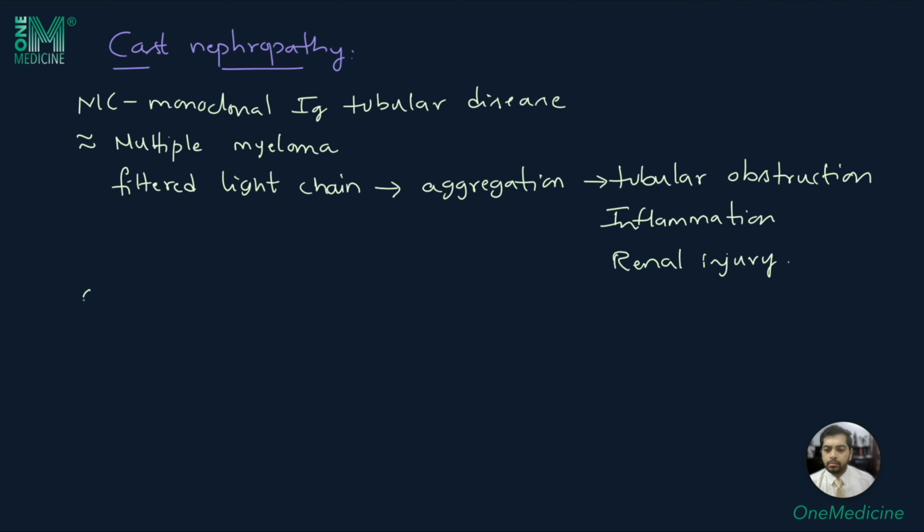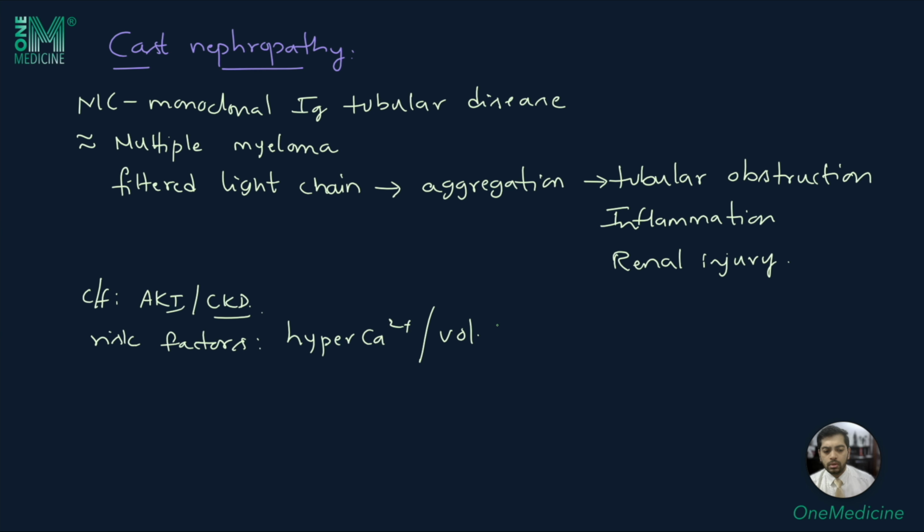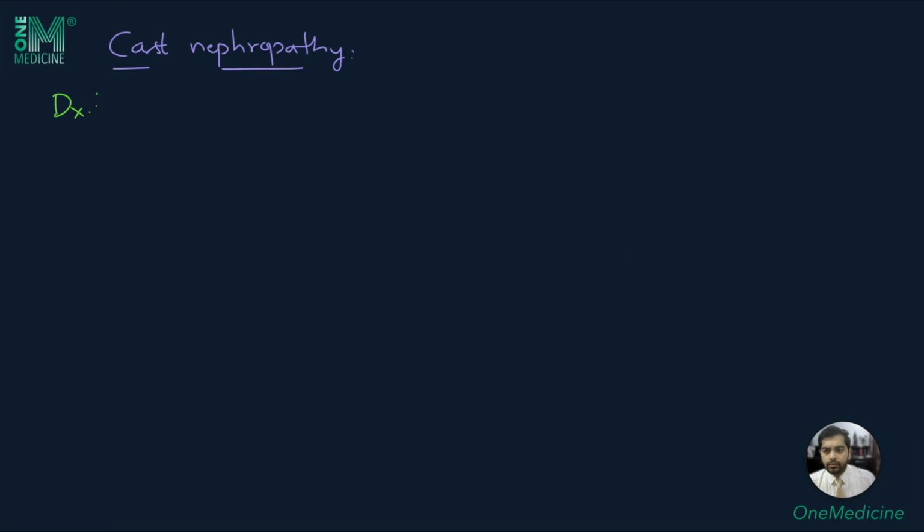These patients can present as AKI or even chronic kidney disease, and the risk factors include hypercalcemia and volume depletion. Diagnosis of cast nephropathy is by detection of monoclonal immunoglobulin light chains in serum or urine.